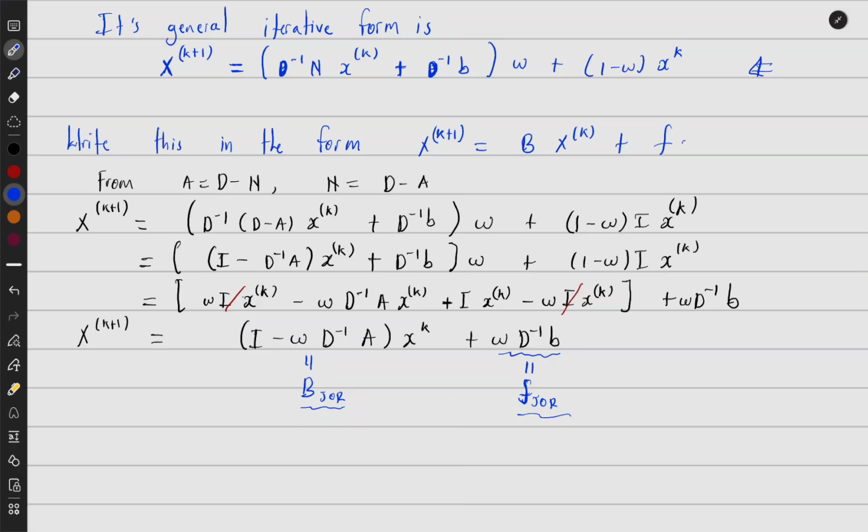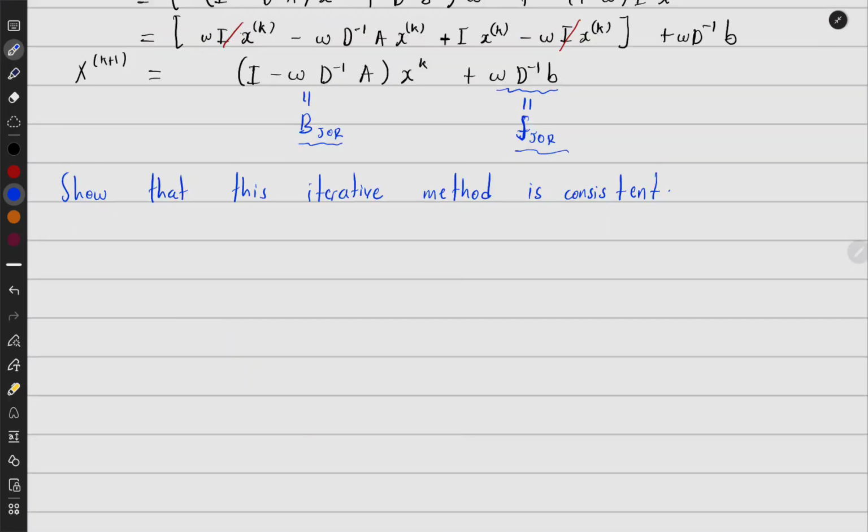Okay, we can also go on and show that this iterative method is consistent. We have seen earlier in the previous video that to show an iterative method is consistent, we just have to use the fixed point equation.